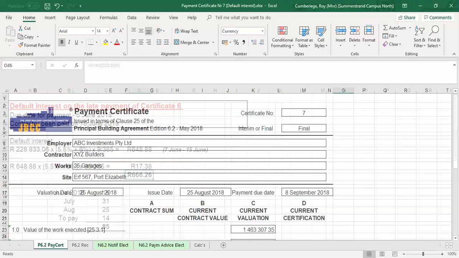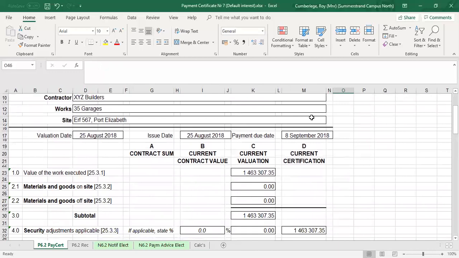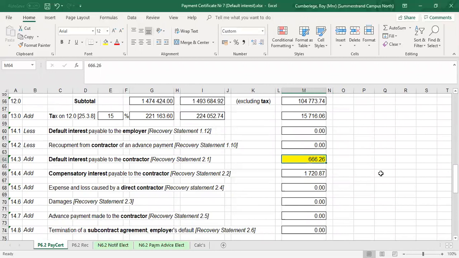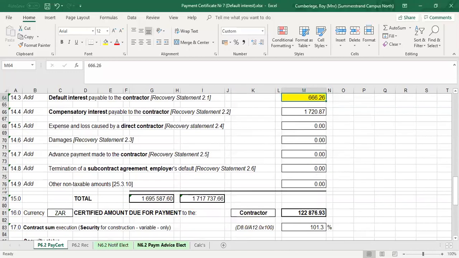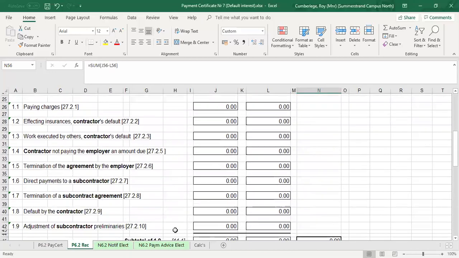If we go back to our payment certificates, let's look at payment certificate number 7. Everything is the same as before, except that you're going to insert the default interest where applicable. So we add the default interest payable to the contractor, and everything is still the same as we discussed in the previous lecture for certificate number 7. Again, in the recovery statement, we're going to insert the default interest.